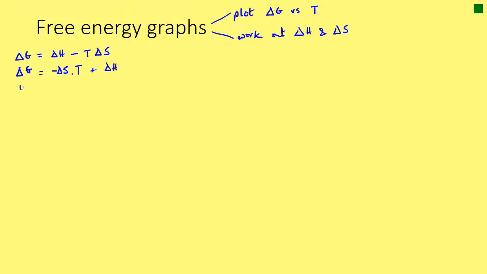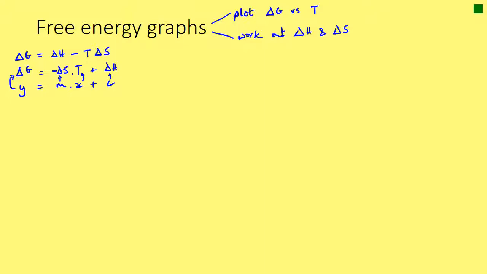Let's just write that down: y equals mx plus c. So if you were to plot a graph where the y-axis was delta G and the x-axis was temperature in Kelvin, then from the gradient you could find delta S, and from the y-intercept you could find delta H.